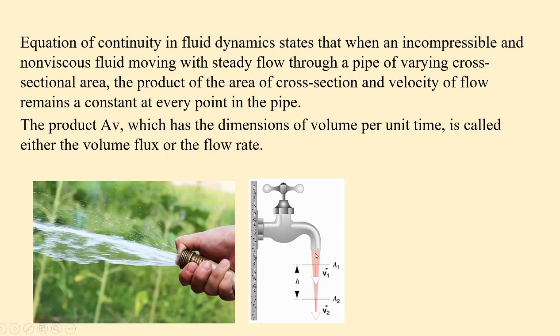So according to the continuity equation, as the velocity increases, the area of cross section of the fluid flow should decrease. That is why the flow becomes narrower as it travels more distance from the tap. If the velocity is further increased beyond the critical velocity, then the flow becomes irregular or turbulent.